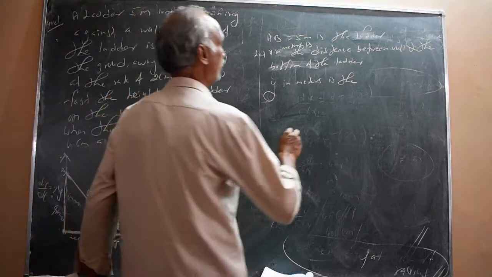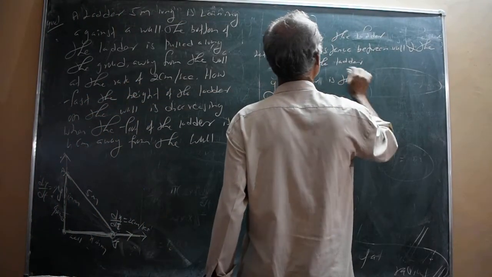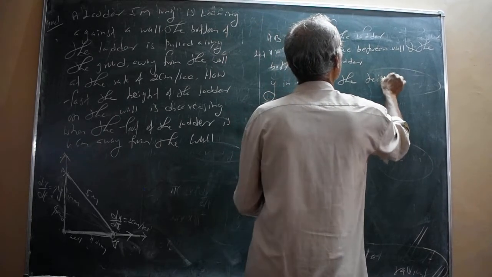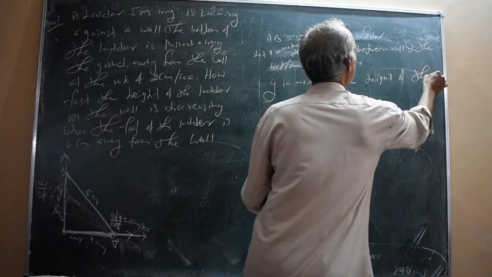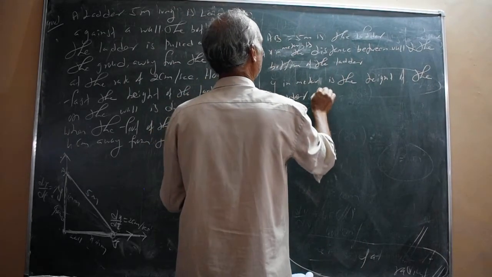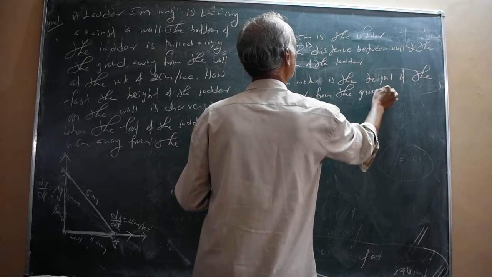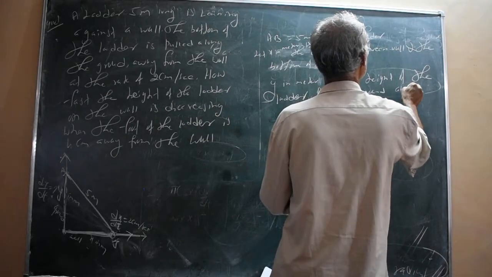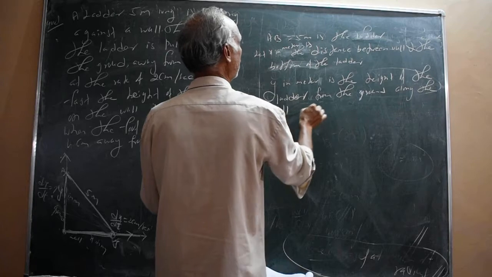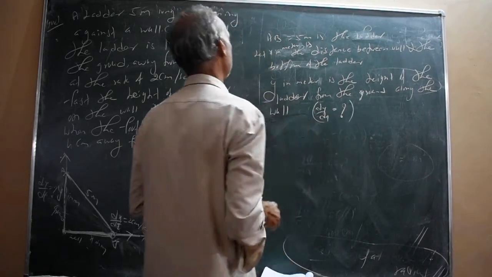Y in meters is the height of the ladder from the ground along the wall. Dy by dt is the question mark actually.